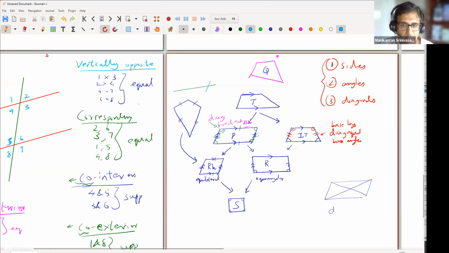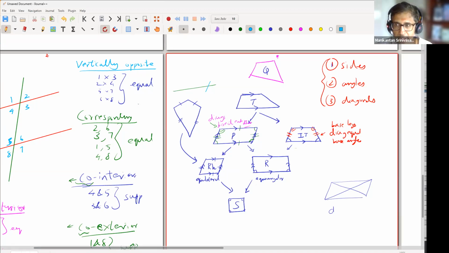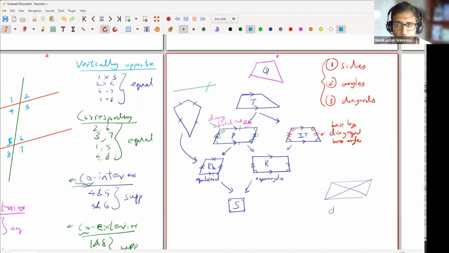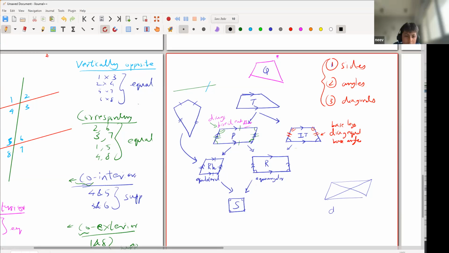Let's see, Neve, rhombus, sides or angles. You want to highlight? Yeah, the sides of a rhombus are parallel and the opposite angles of it are equal. The sides of the rhombus are parallel. It's a redundant statement. It's a parallelogram, so obviously it has to be. You have to tell something that's special. The opposite angles are equal, which you also don't have to tell because it's true even for a parallelogram.